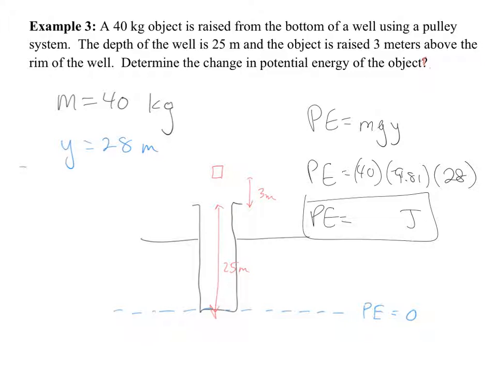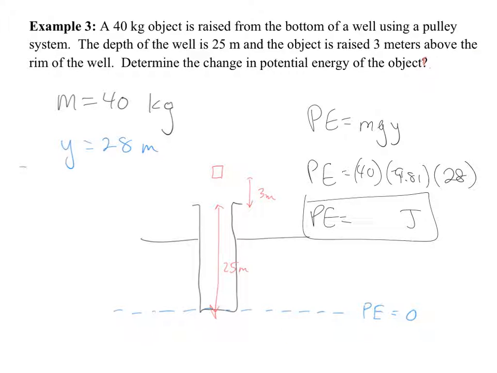I always consider the lowest part of any problem to be the zero reference line. It will make life really easy, especially in the next section. So if you read your book, because I know some of you like to read through the section to help you understand, if they don't consider the lowest level the zero reference line, it's just an alternate approach. But I'm telling you now that this is the best approach for sure. Consider the bottom of any problem the zero reference line.